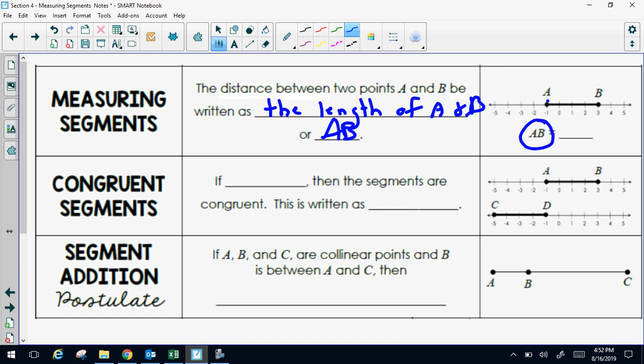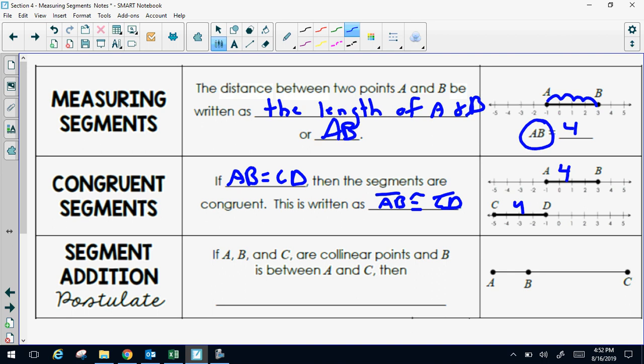In this case, the length would be 1, 2, 3, and 4. Just like that, if the lengths of AB and CD are equal to each other, that means these segments are congruent. And again, we can write that as AB is congruent to CD. So just like above here, this one is 4, this one is 4, therefore they're congruent.